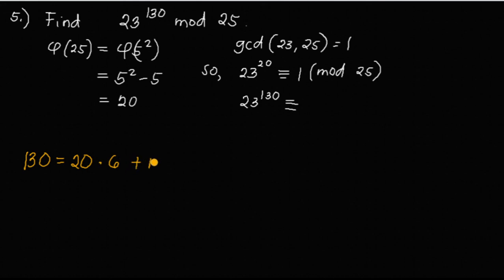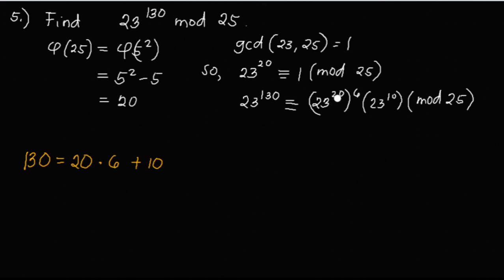Natira ay 10, 'di ba? Okay. So meaning yung 23 raised to 130, pwede natin siyang i-rewrite as 23 raised to 20 raised to 6, and then 23 raised to 10 and then mod 25.